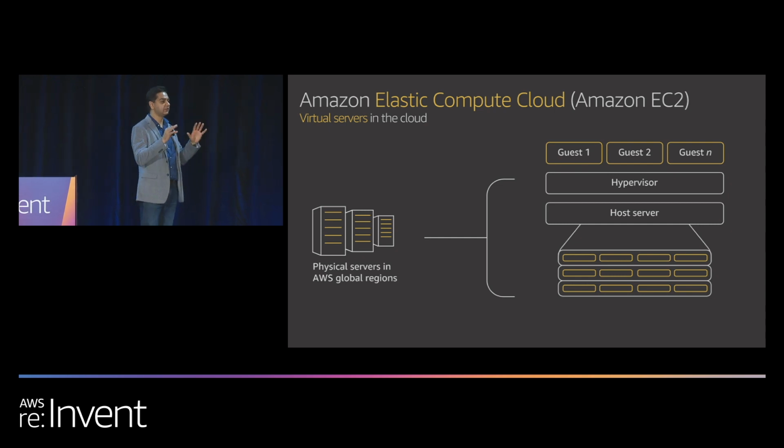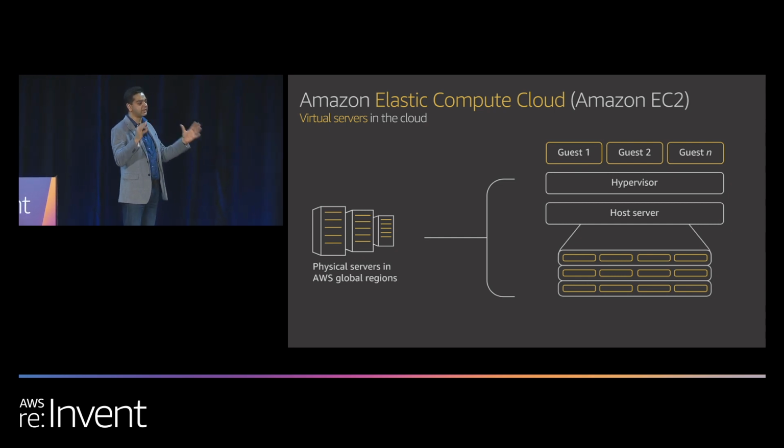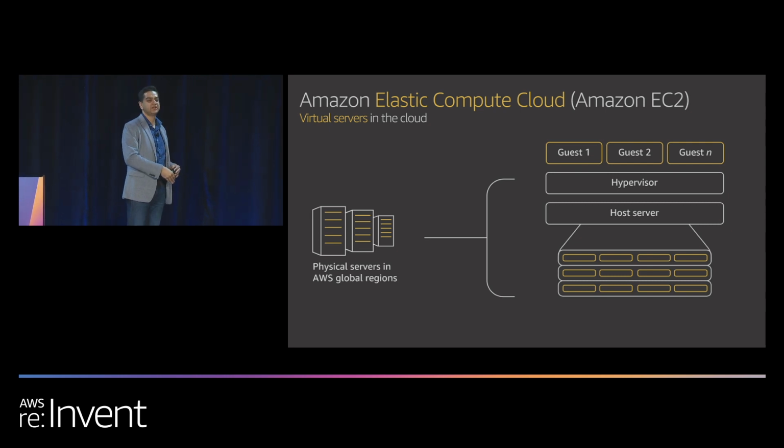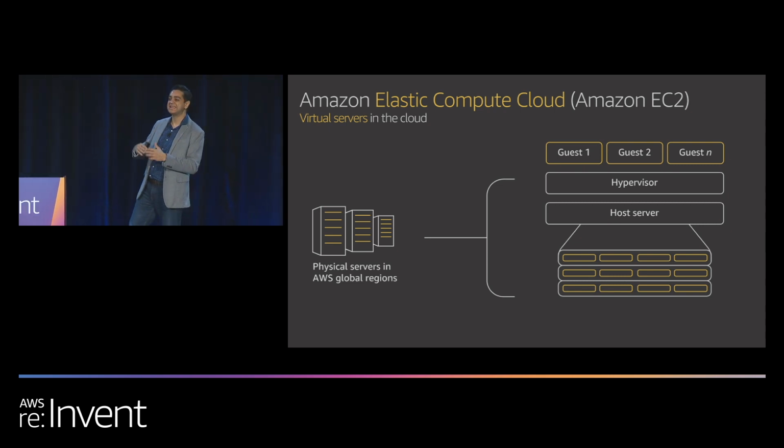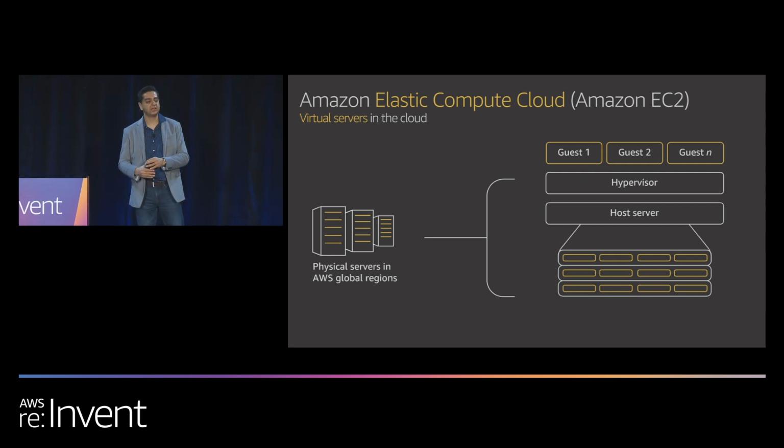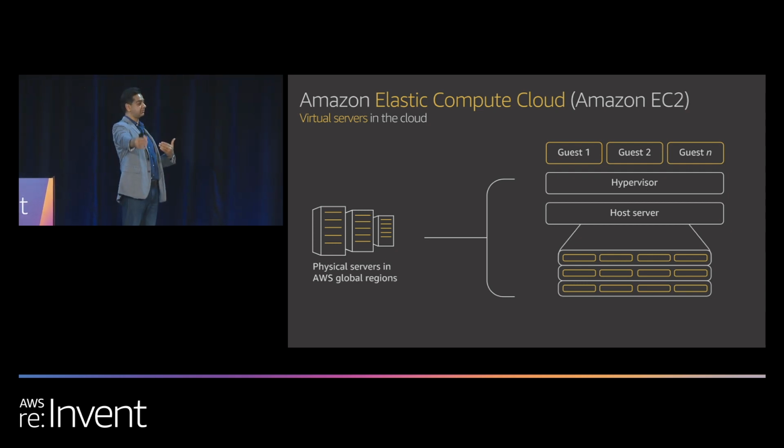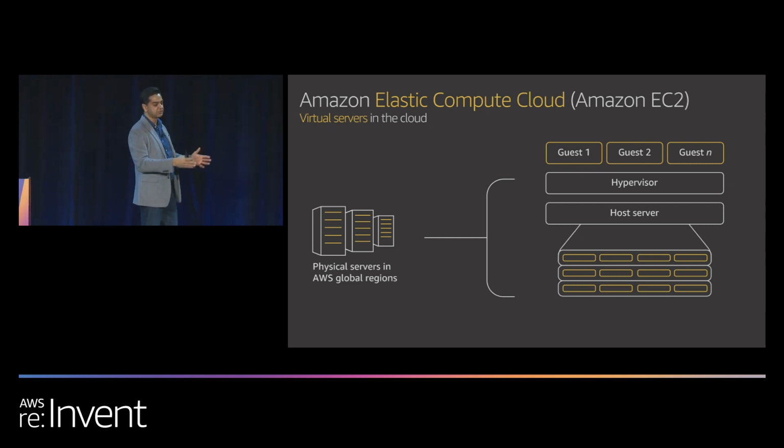So at the highest level, one AWS region contains multiple availability zones. Each availability zone has its own power domain, it's its own networking domain, it's got its own cooling subsystems. And each availability zone consists of multiple data center buildings. So that's the full construct of regions and availability zones, as we call it.